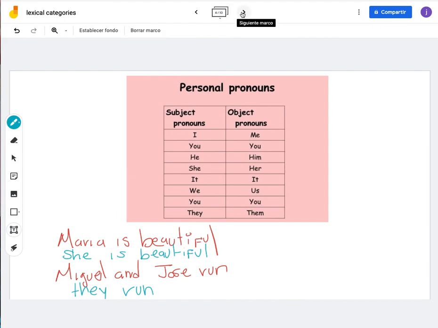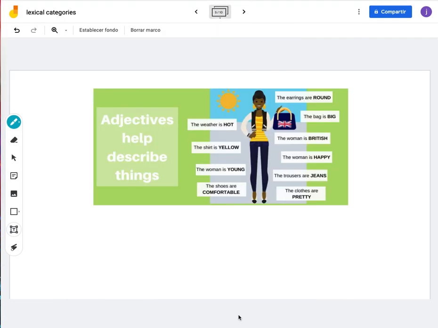The next lexical category is adjectives. So we are going to analyze adjectives. What is an adjective? An adjective is a word that tells us more about a noun. It describes or modifies a noun.